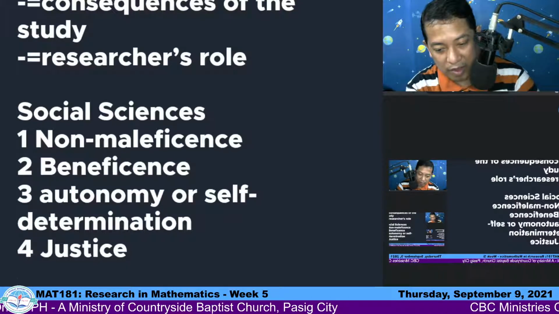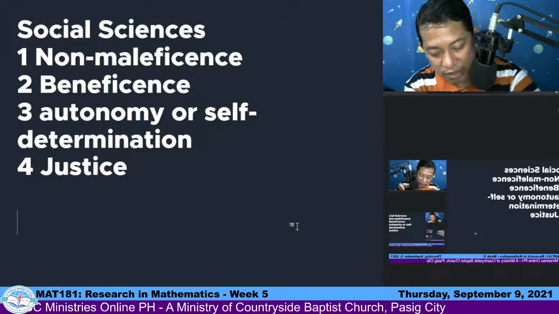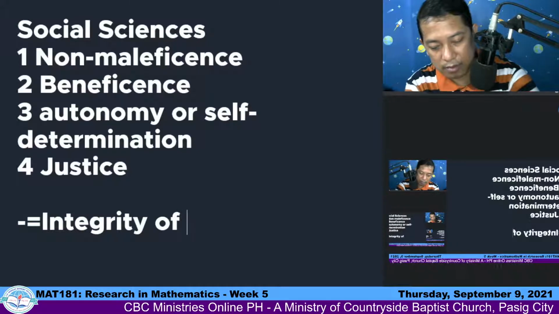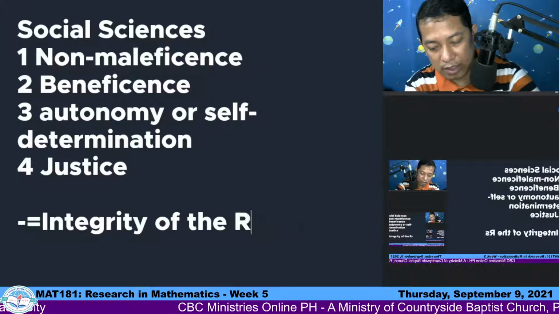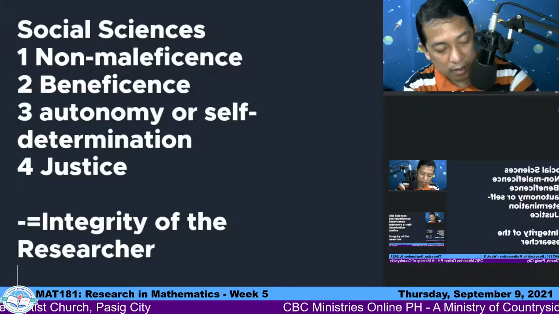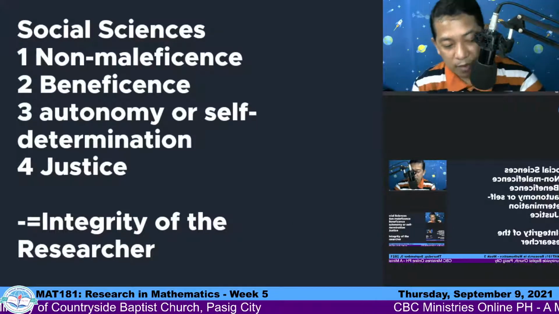Now of course, we must also look in general the integrity of the researcher, yung integridad niya. Okay, researcher must be professionally in pursuit of truth.